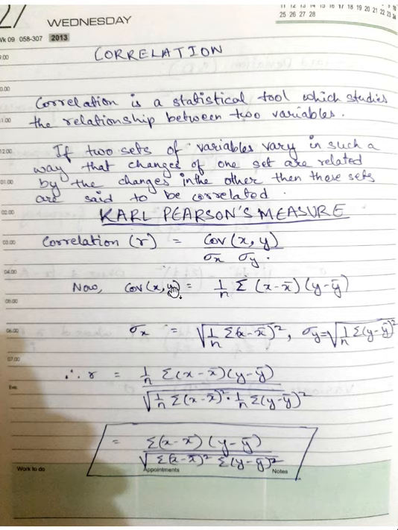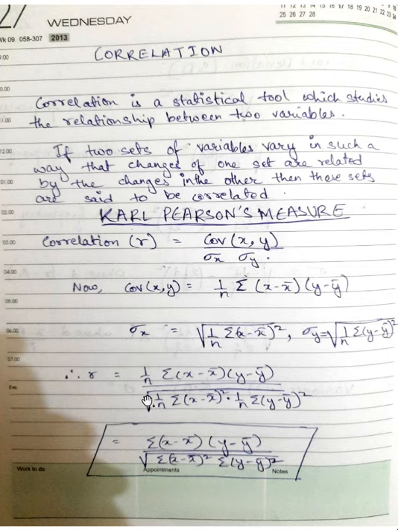So we put the value of covariance between x and y, sigma x and sigma y, in this formula, and we reduce it into a more convenient form. Therefore, R, that signifies correlation, is equal to 1 by n summation x minus x bar into y minus y bar. This is the covariance. We replace it by this, and here we replace sigma x and sigma y by these values.